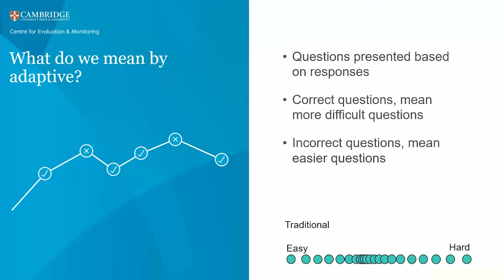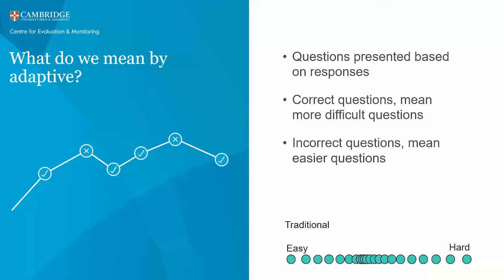So, well, if you can imagine a traditional test, so I've got that bottom right hand corner. If you can imagine a traditional test, in order to cater for all of the ability levels that you have within your cohort, you need to ask a lot of questions. In order to get an accurate read, you need to ask a lot of questions. And you're going to ask some easy questions because you've got less able students in there, because we're testing the full spectrum of abilities.